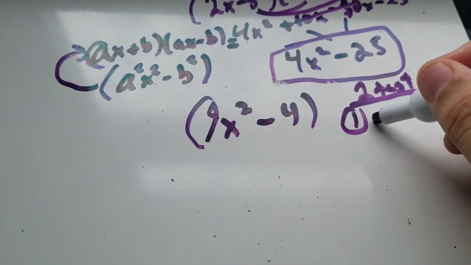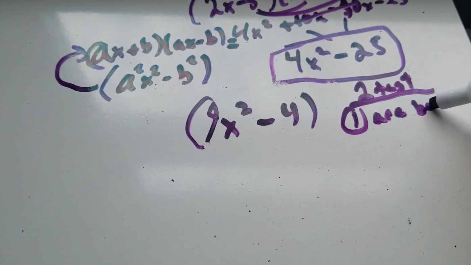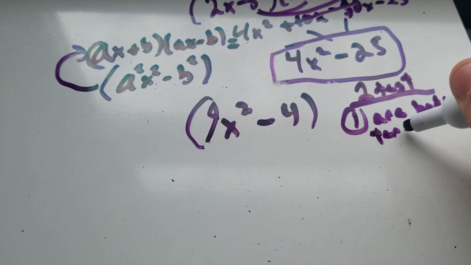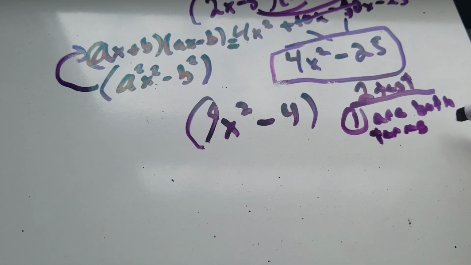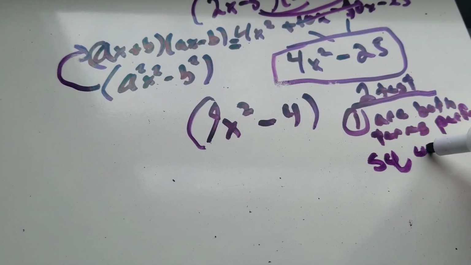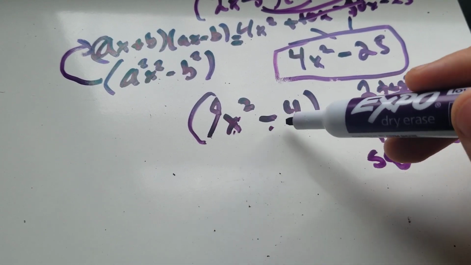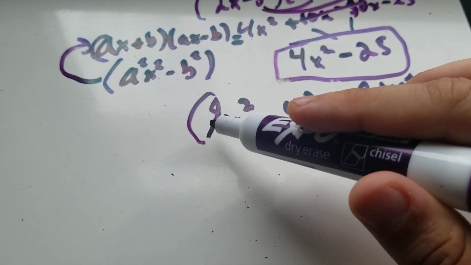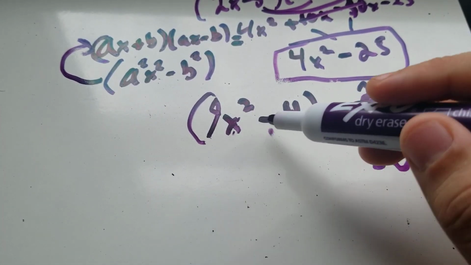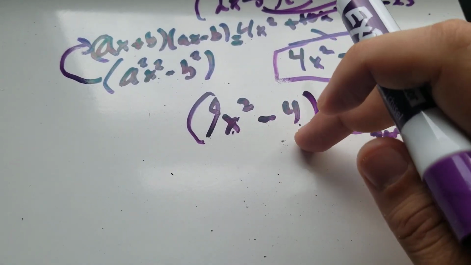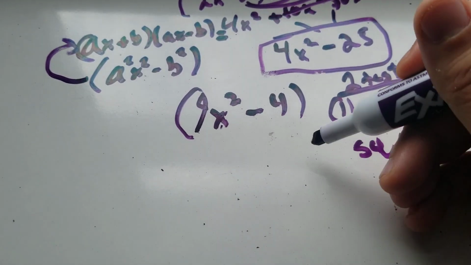Test 1: are both terms perfect squares? So we've got 9x squared minus 4. 9 is a perfect square, x squared is a perfect square, and 4 is a perfect square. So that passes the first test.